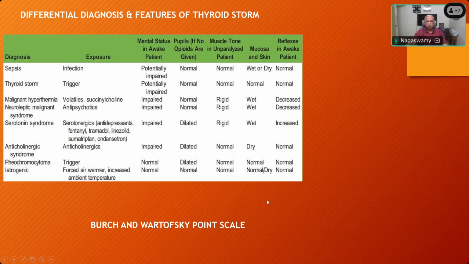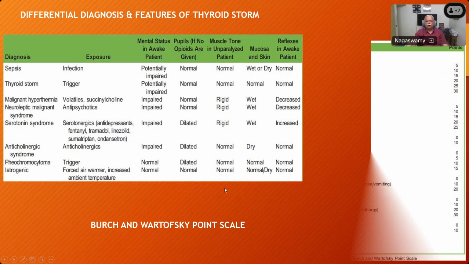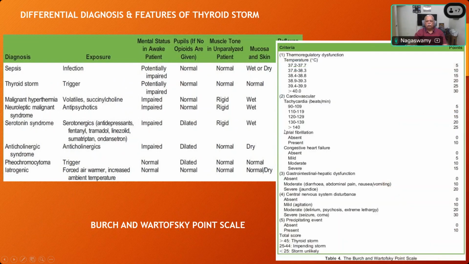Now, to assess the degree of thyrotoxicosis, there is a scale called the Burch and Wartofsky point scale. So here you have the 5 parameters which are to be taken into consideration. One is called thermoregulatory function, how much of temperature increase happens. Then cardiovascular system, tachycardia, arrhythmias, congestive failure.